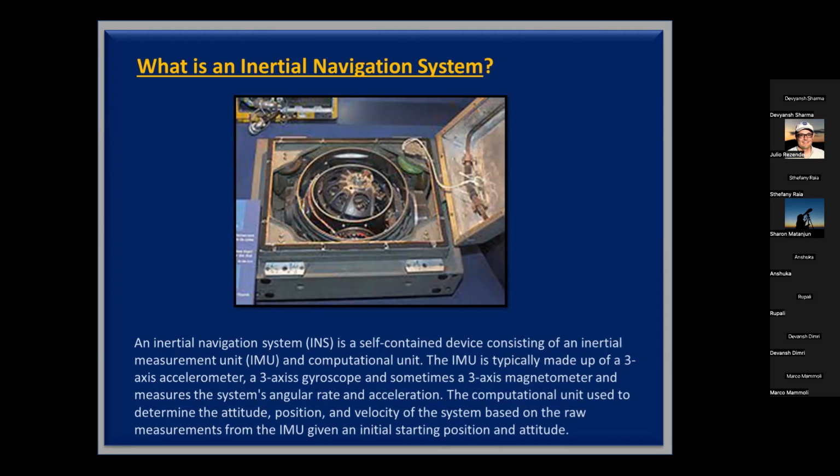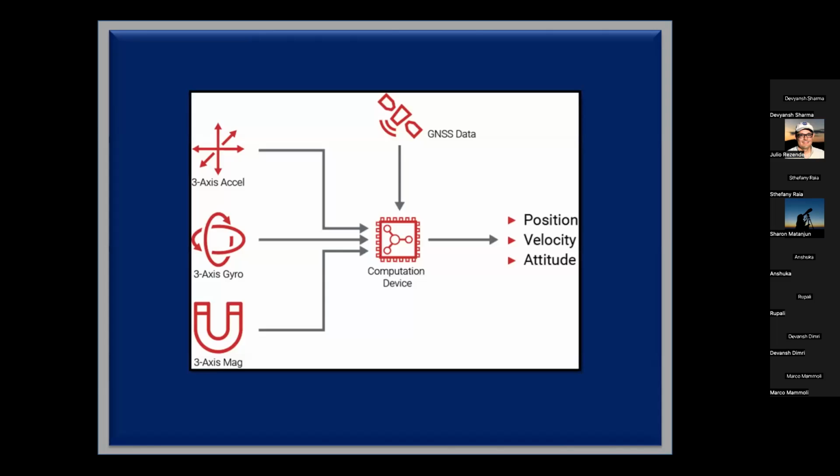The sensors used in this inertial navigation system are inertial sensors. An inertial navigation system is a self-contained device consisting of an inertial measurement unit and a computational unit.